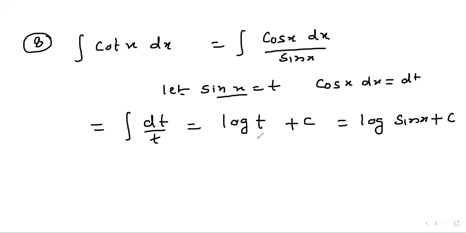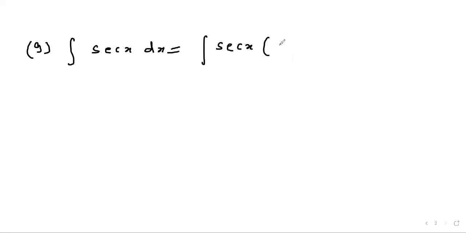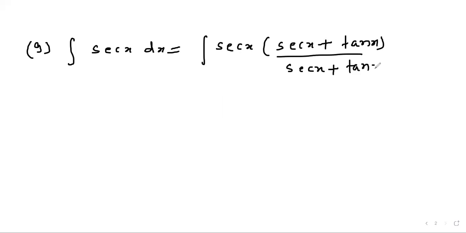Now question number 9. Integration sec x dx. Here we multiply and divide by sec x plus tan x. Sec x into sec x plus tan x divided by sec x plus tan x dx.